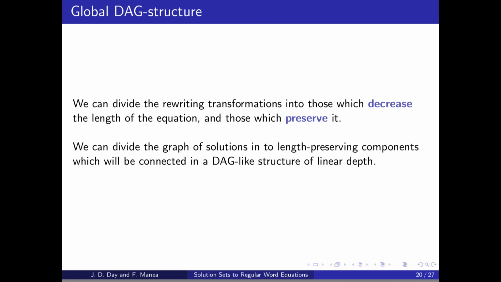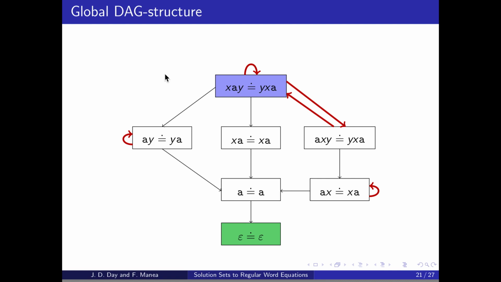These length-constant components will be connected together in a DAG-like structure of linear depth, because we can only apply a linear number of these length decreasing transformations, and we can never loop back to an equation of longer length again. So we'll end up with these length preserving components. They can be large and complicated, but they are arranged in a relatively straightforward directed acyclic graph structure of at most linear depth.